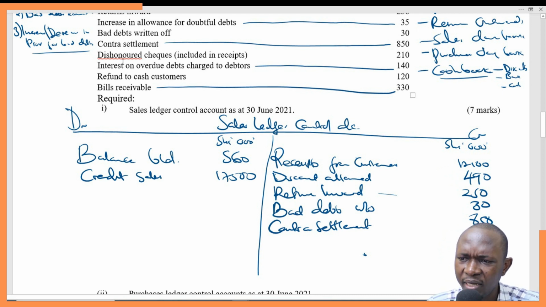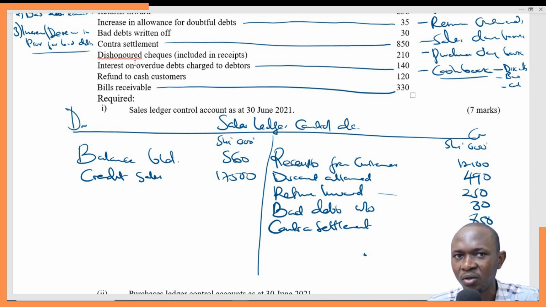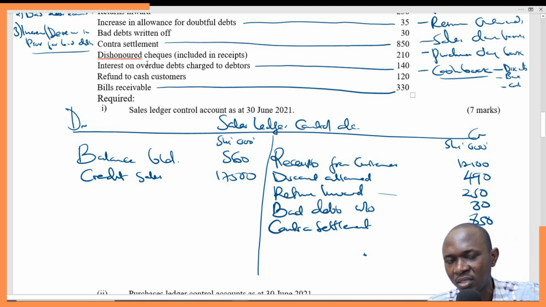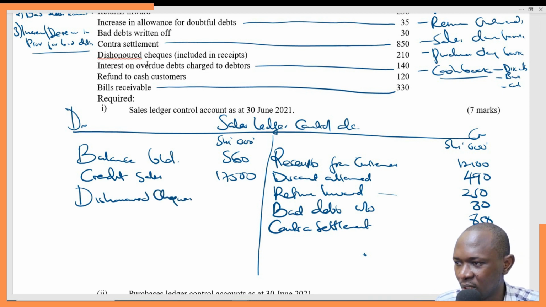But now they had paid, and then these checks are dishonored. So it means their liability goes back to where it was. It goes back to increase. We had reduced, but the checks have been dishonored, so we simply go back to the same position. So this will be captured on the debit side to show that we are increasing again their liability by the amount in question, which is 210.